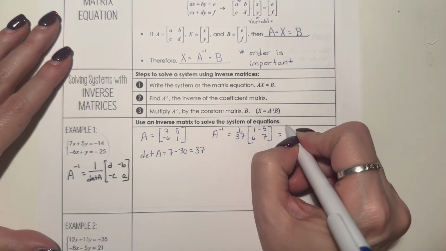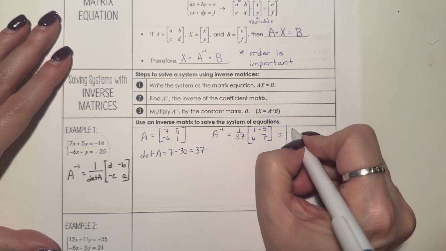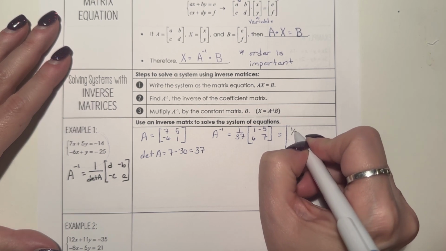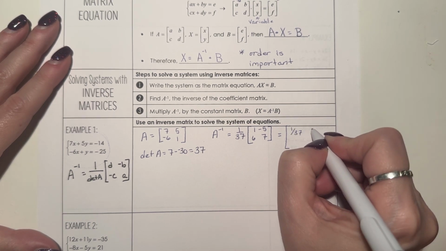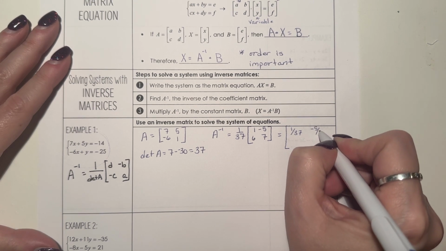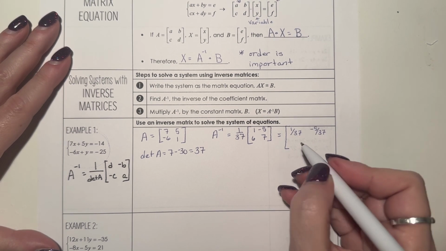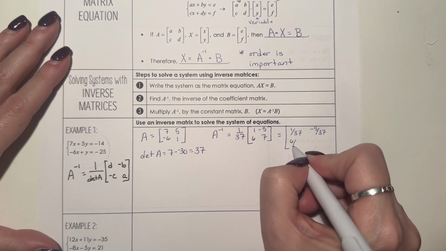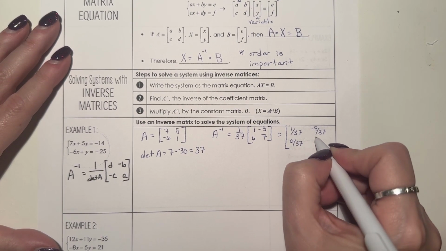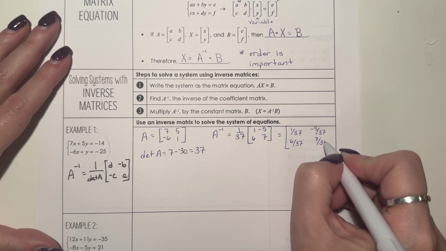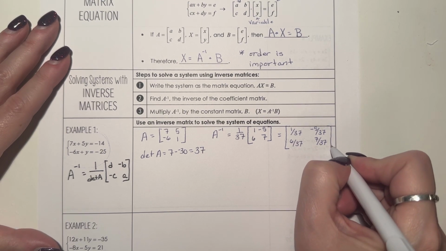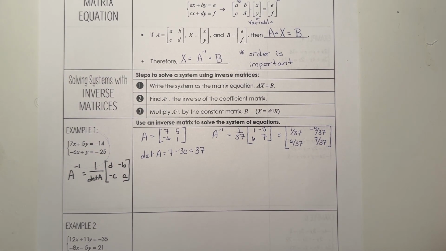You can't use decimals in this case. So I've got 1 over 37, pretty nasty. -5 over 37, also not fantastic. 6 over 37, and 7 over 37. Unfortunately, not a single one of those fractions simplifies.